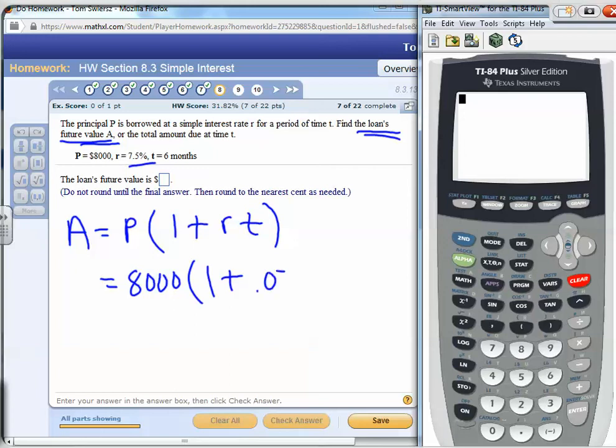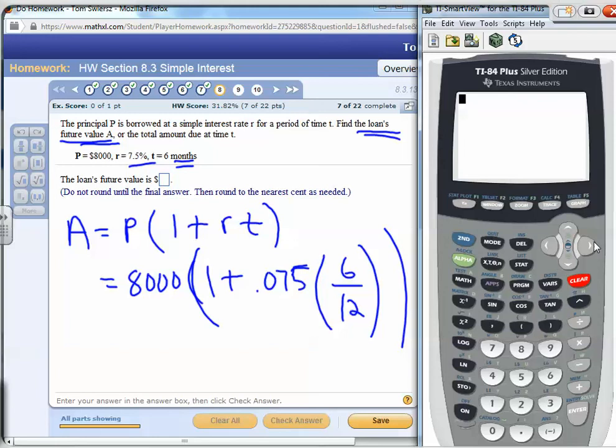Move it over 2 places. So it's going to be 0.075. Be careful. And the amount of time in years, again, 6 months, you always have to divide by 12, because there's 12 months in a year. So we would have times 6 over 12, or 0.5 if you want to put it in as a decimal, 1/2.